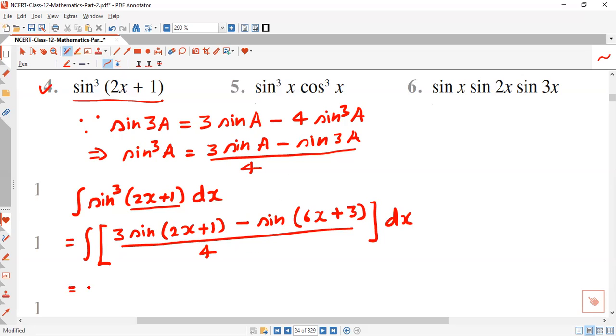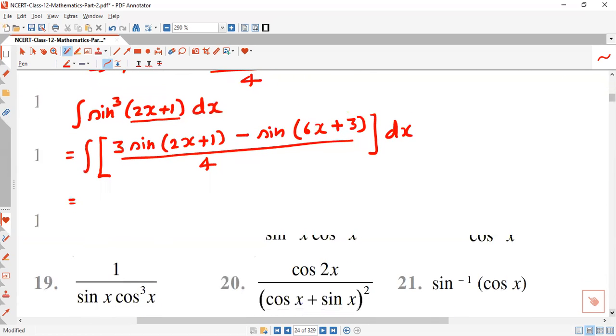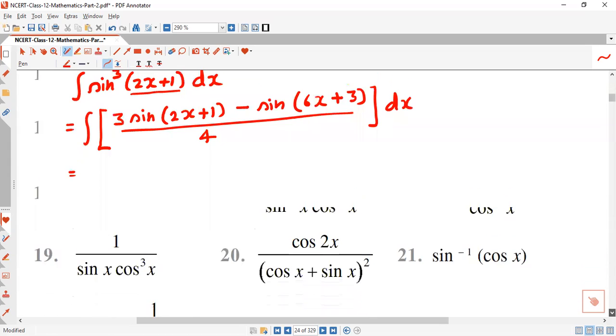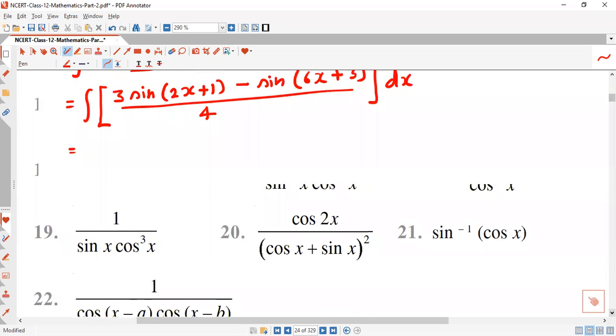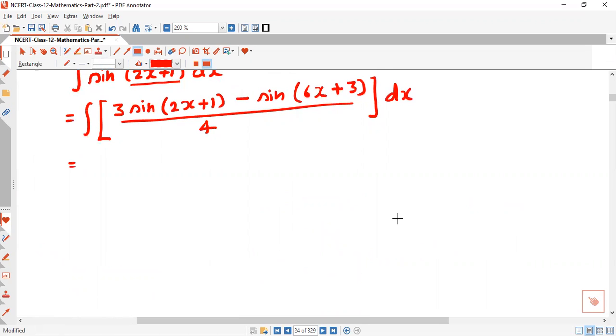Now separate the terms, and after that we will solve it. I would like to separate the terms.